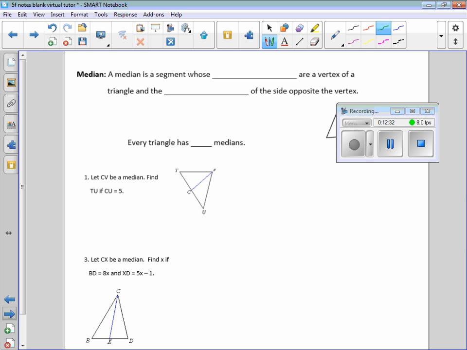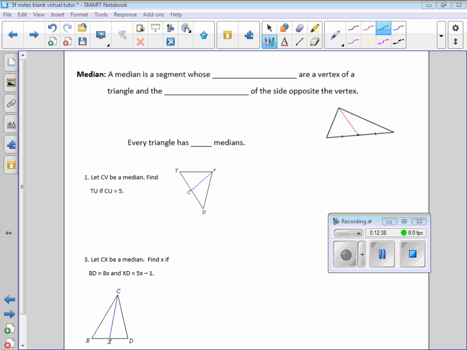The next item that we're going to look at is a median. A median is a segment whose endpoints are a vertex of a triangle and the midpoint of the side opposite the vertex.